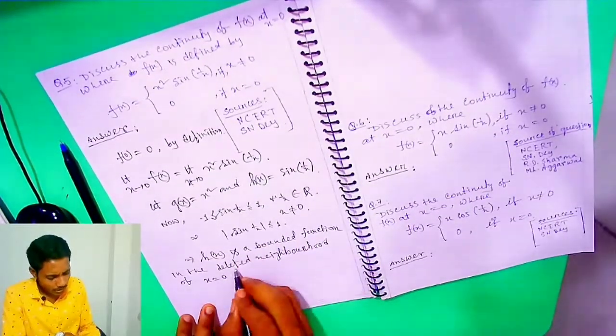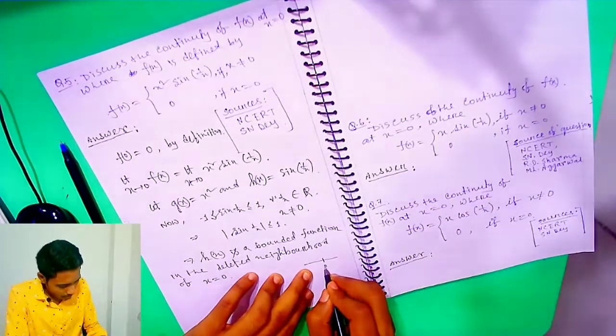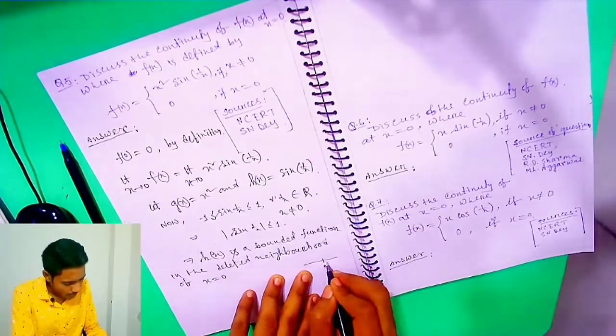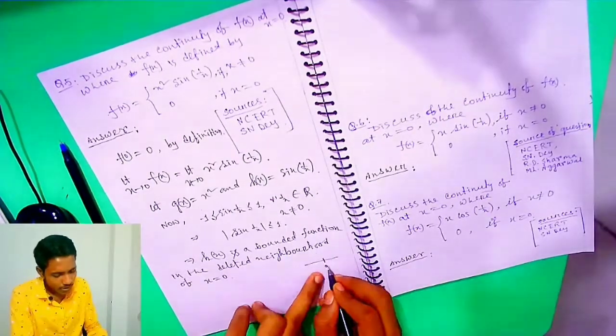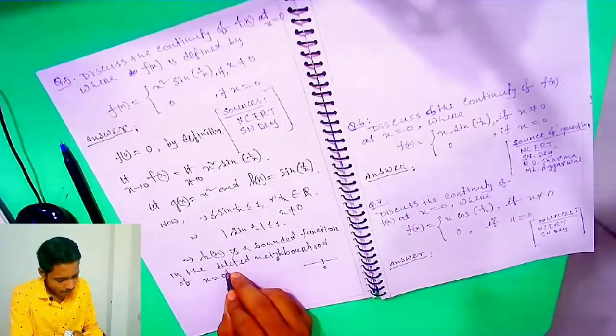Here deleted neighborhood means the neighborhood of 0 except 0, because when x is equal to 0 then 1 by 0 is undefined. That's why it is written deleted neighborhood.